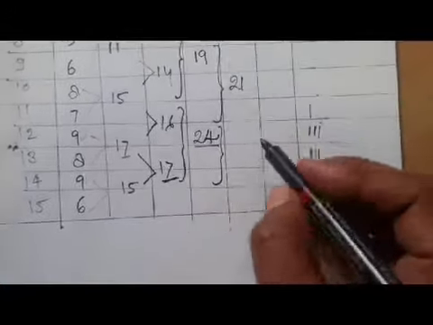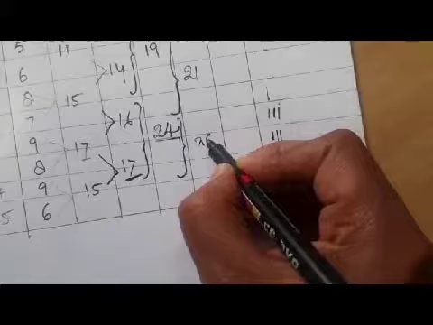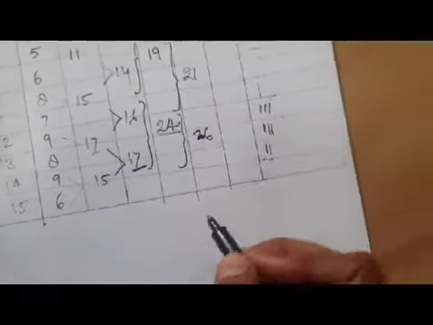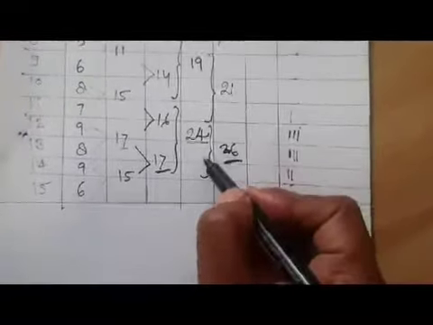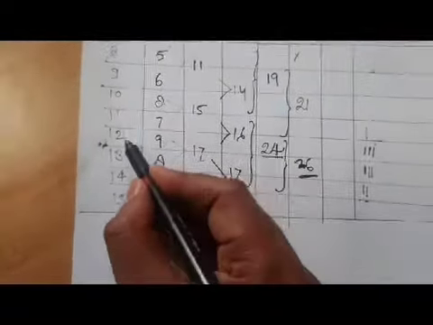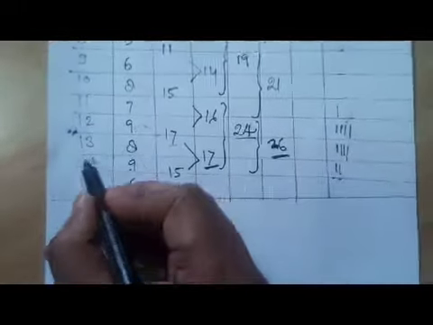How much does this become? 26. Now 26 is the highest. How is 26 made up? 9, 8, 9. So that means 12 gets 1 tally, 13 gets 1 tally, and this 14 gets 1 tally.